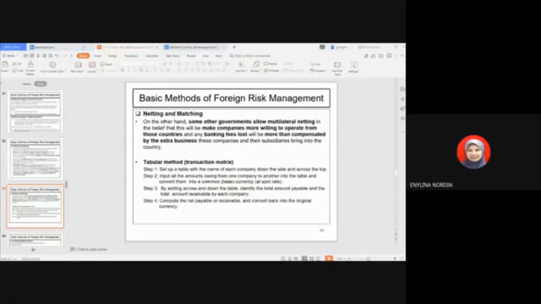So there is a big gap between the receipt and the payment, and the benefit of matching may not be realized.